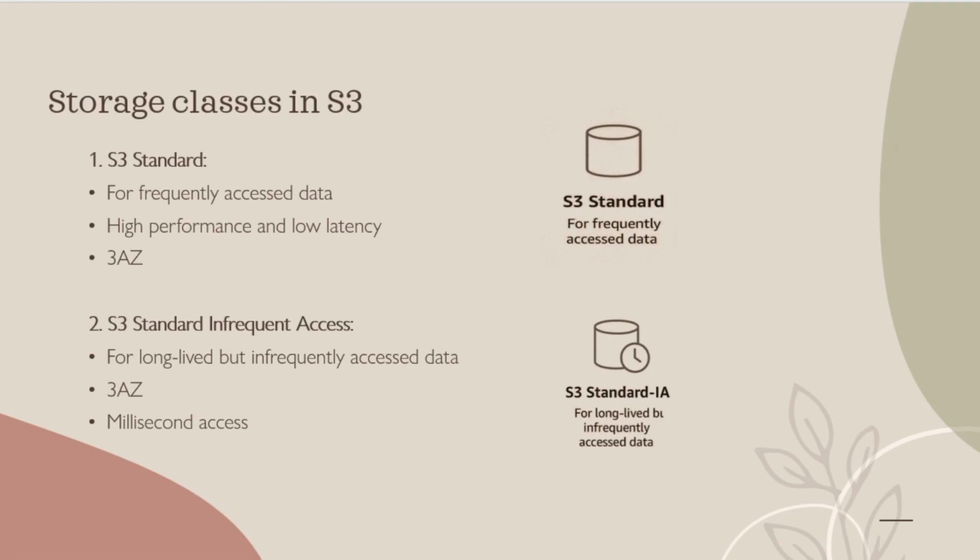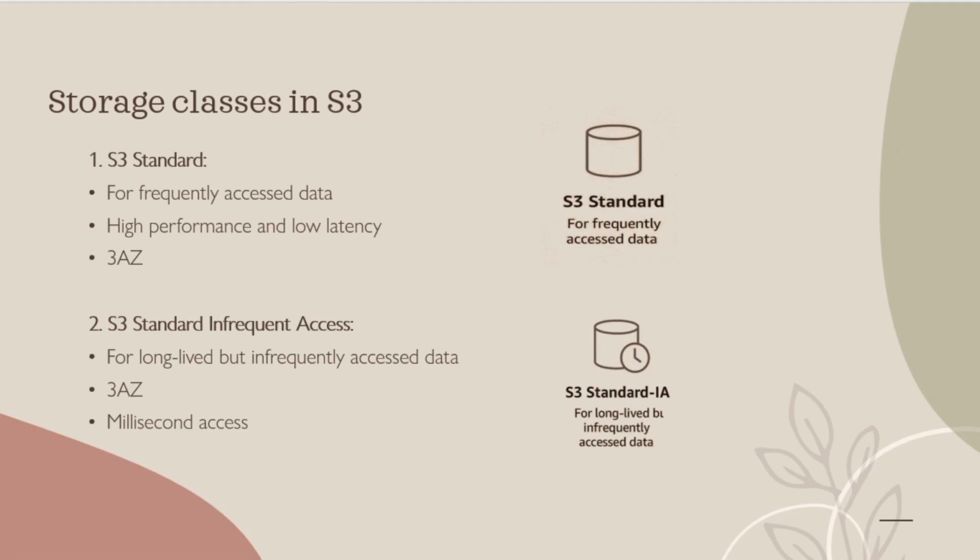There are 8 storage classes in S3, and the first one is S3 Standard, which is known as the default storage class, because if I upload an object to the bucket and I do not specify any storage class, then it will upload that object in the S3 Standard storage class. If I will access the data more than once a month, then I can use this storage class.